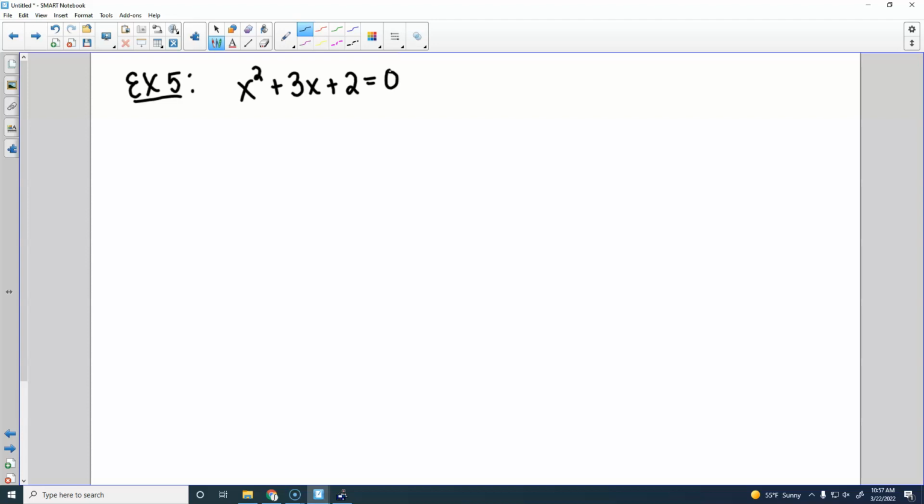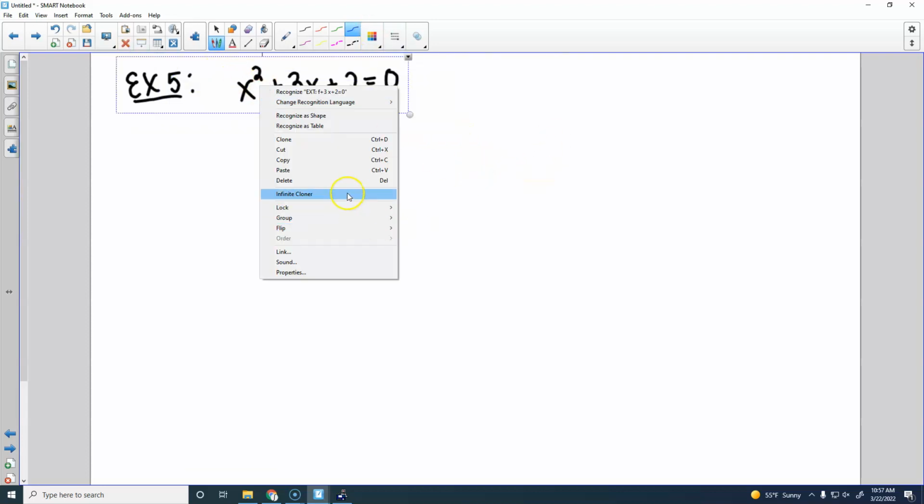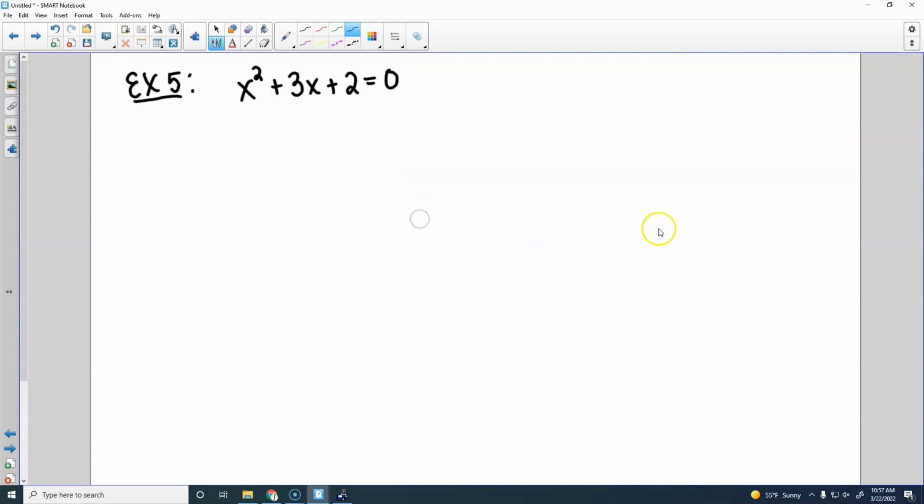And so we can't put those together. One of the things I can see students wanting to do here, don't write this down because it'd be wrong, but you might well subtract 2 first. Well, then you got x squared plus 3x equals negative 2. And this is wrong. Don't do it. Hold on. I'll explain it.